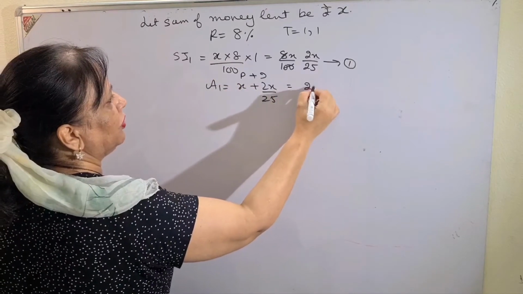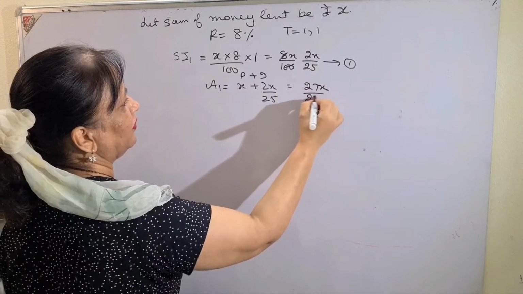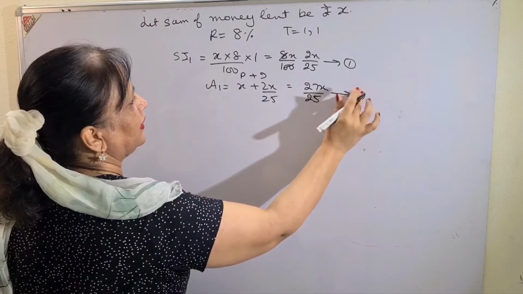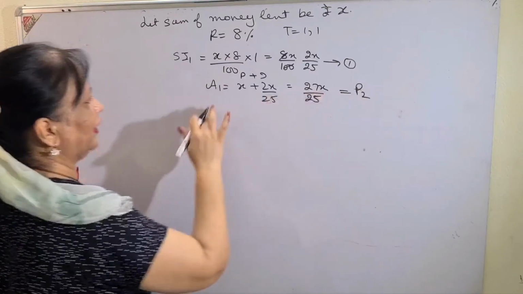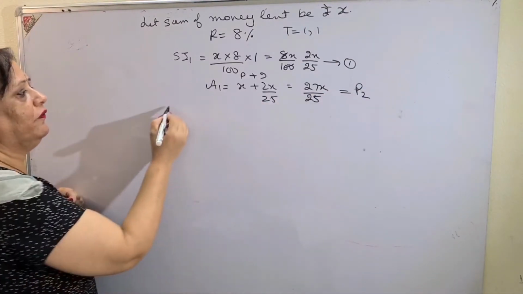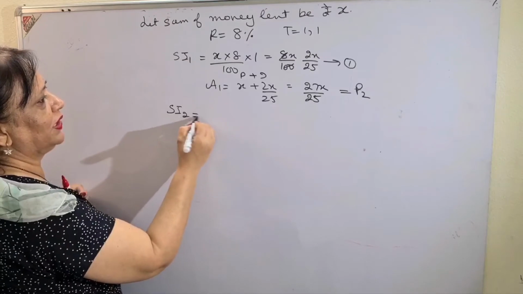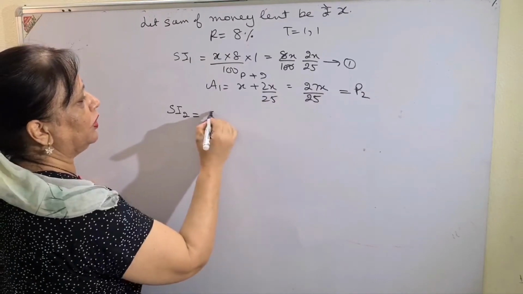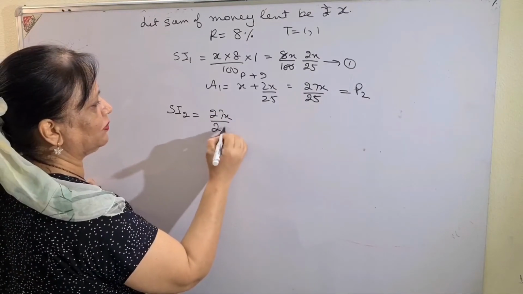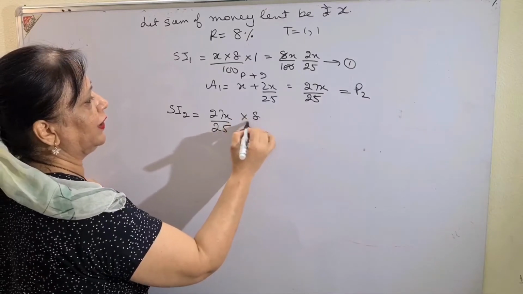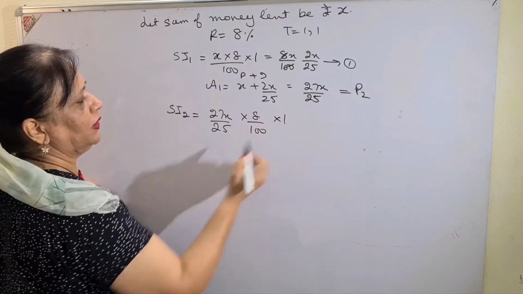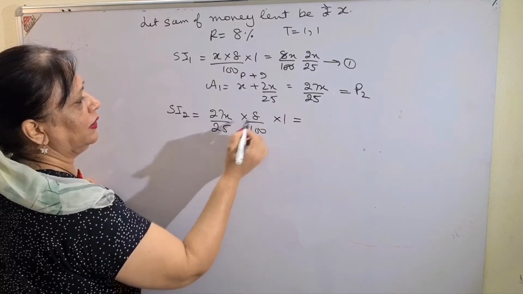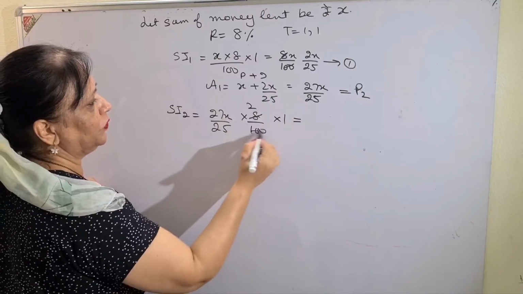This will be 27x upon 25. Again, you can take it as P2, because whatever the amount for the first year will become the principal for the second year. Now 27x over 25 is my principal. Again 8 upon 100 is my rate and 1 is my time. So you calculate it again. 4 2s are 8, 25.